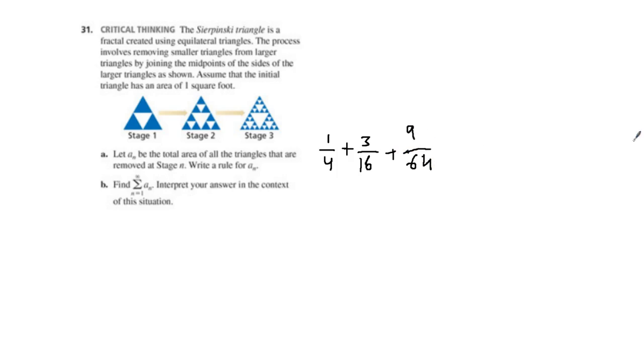So our rule is 3 to the n minus 1 over 4 to the n. Yes, okay.